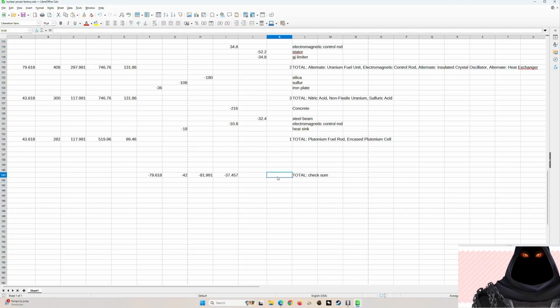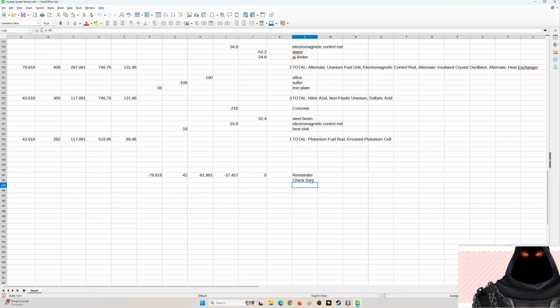Okay. All right, so checksum. Actually, let's just call this remainder. This will be the checksum.